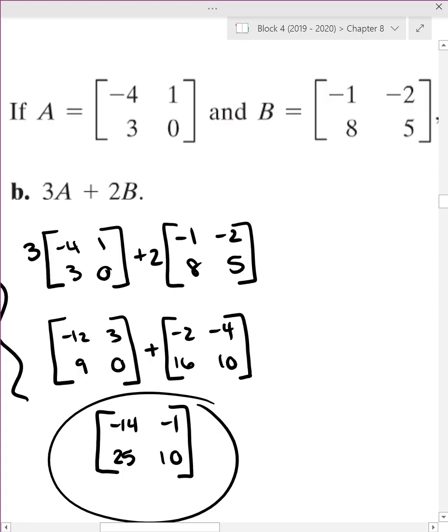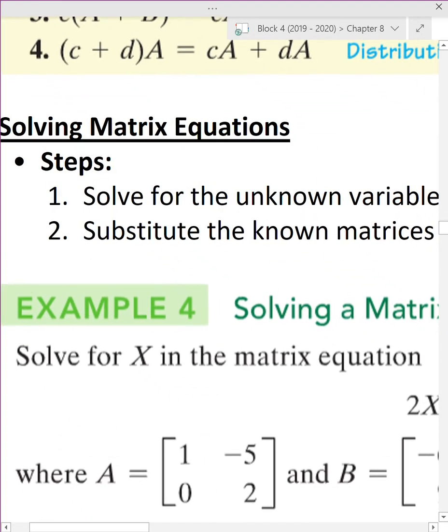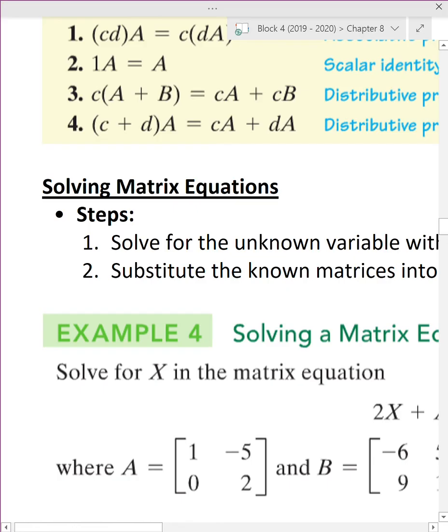I know some of you already know how to type it into the calculator, but if not, I'm going to show you when we talk about multiplying in a second. So we are going to move on to solving matrix equations first, and then we'll go on to multiplying matrices.